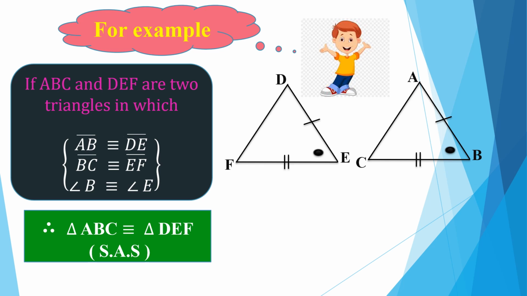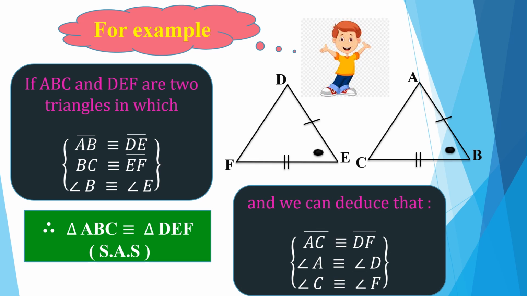Here I have two sides and included angle between them in the first triangle and in the second triangle. And we can deduce that AC congruent with DF, angle A congruent with angle D, angle C congruent with angle F.